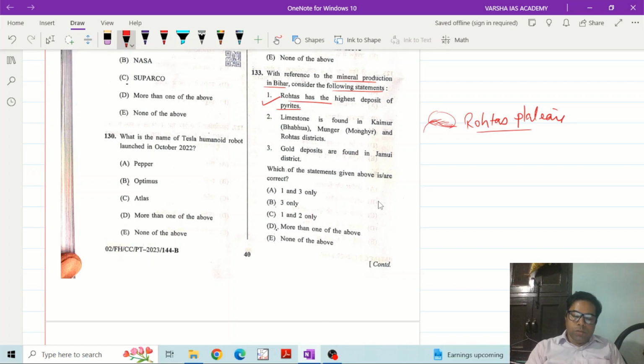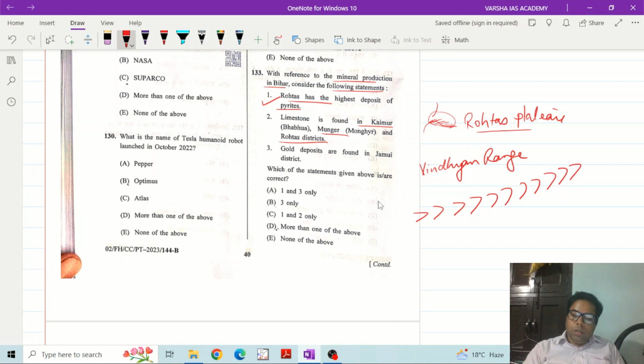Thereafter, limestone is found in Kaimur, Bhabua, Munger and Rohtas districts. If we see the extension of the Vindhyan range, the Vindhyan range in Madhya Pradesh, this is Kaimur Hills, and this part of the Vindhyan range extends up to Sasaram district in Bihar.